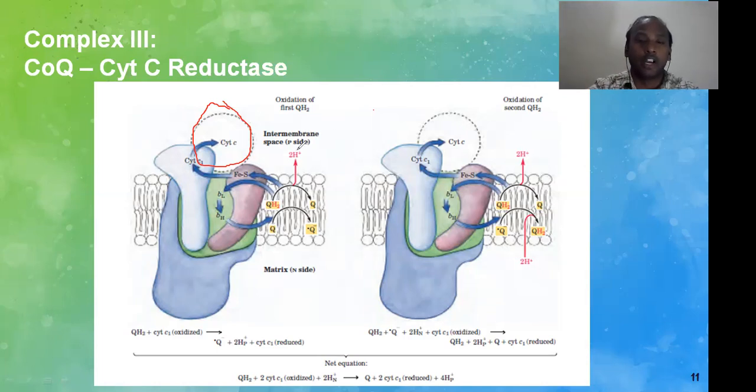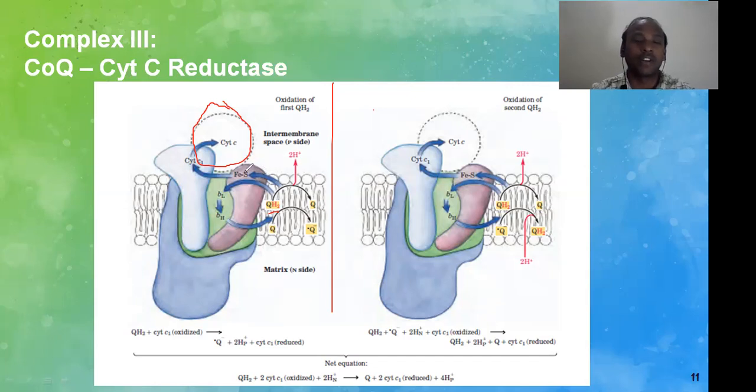If you take this reduced ubiquinone, that is coenzyme Q, it gives 2 electrons. So the oxidation of QH2 will take place in 2 parts. This is the first part, and this is the second part. In the first part, it takes the electrons.